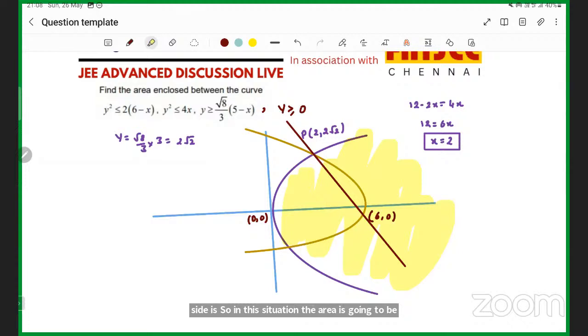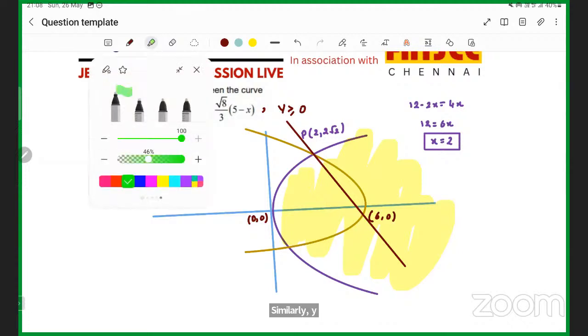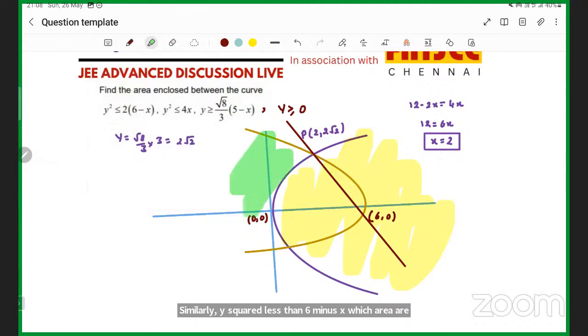Similarly, y square less than 6 minus x: which area are we talking about? It would be this area. The third part is you want y to be greater than root 8 by 3 times (5 minus x). This is your line of control, and either you go this side or this side, so it would be this region.